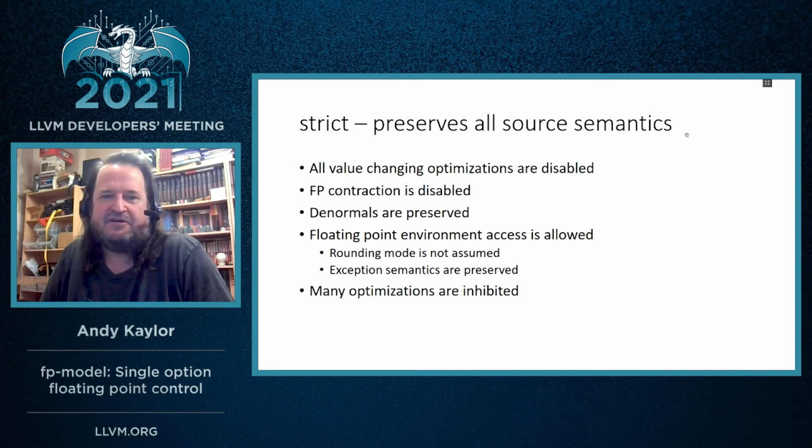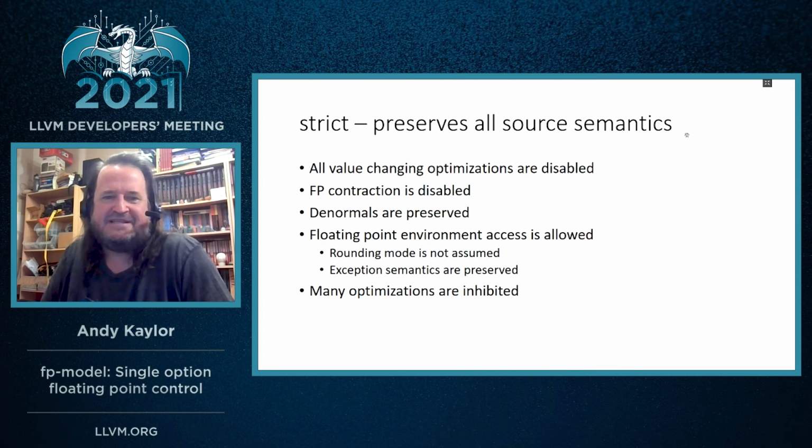Denormal values are preserved, so you can use the full range. And finally, the most important characteristic of the strict mode is that it allows full access to the floating point environment. So for instance, the user's program can change the rounding mode at runtime, and no optimizations will have been performed that make assumptions about what the rounding mode was or would be when the program is executed.